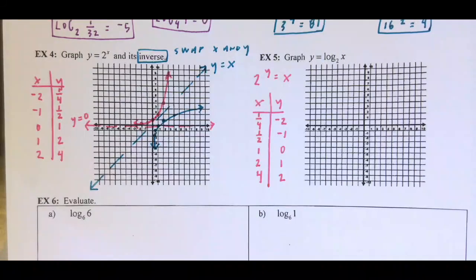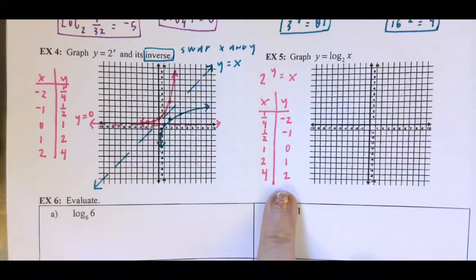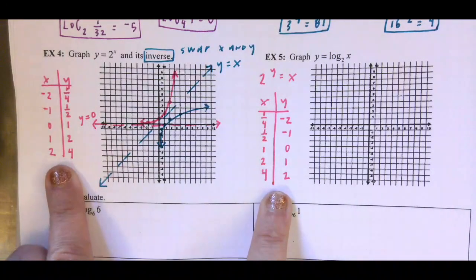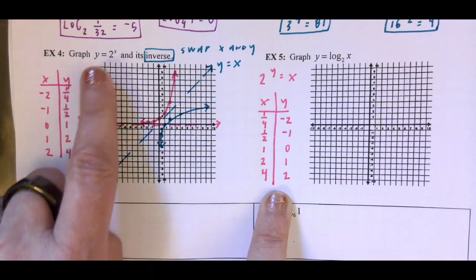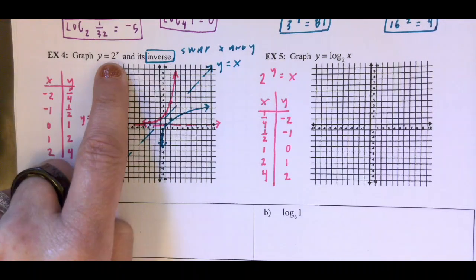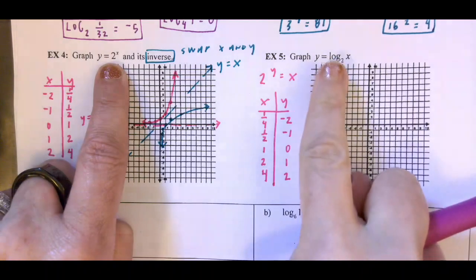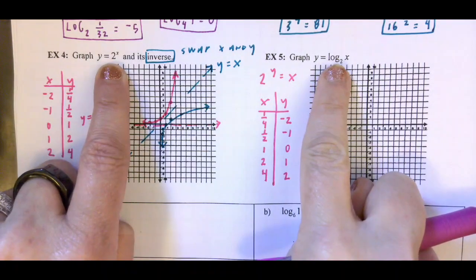And when you look at my table here, hopefully you recognize that it's really this table here, but swapping the x and y values. So this exponential function, y equals 2 to the x, and this logarithmic function, y equals log base 2 of x, these are inverse functions.